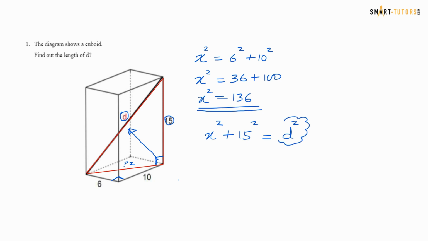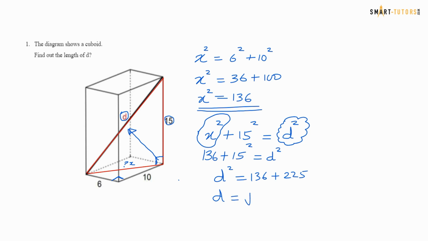So d squared is the hypotenuse standing on its own, then 15 squared is one side and x squared is the other side. You can replace x squared with 136. So 136 plus 15 squared equals d squared. So d squared equals 136 plus 225.